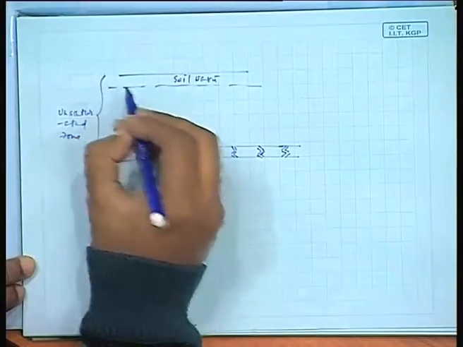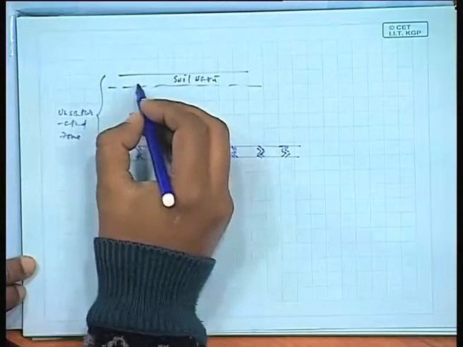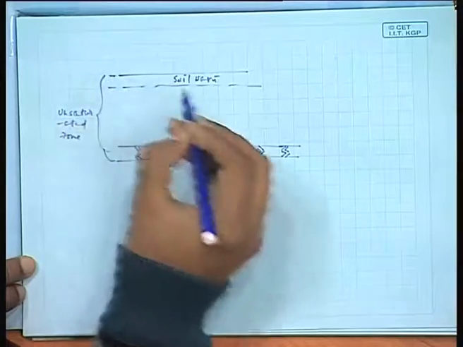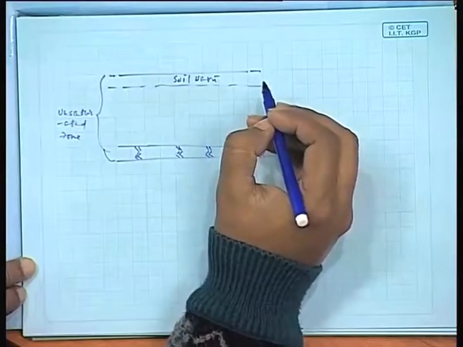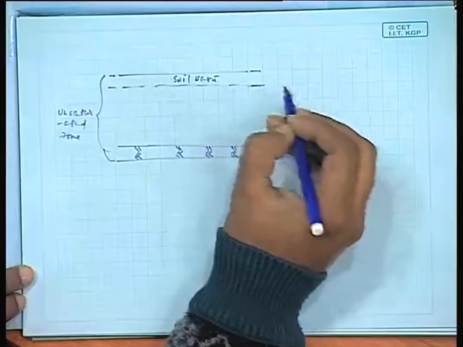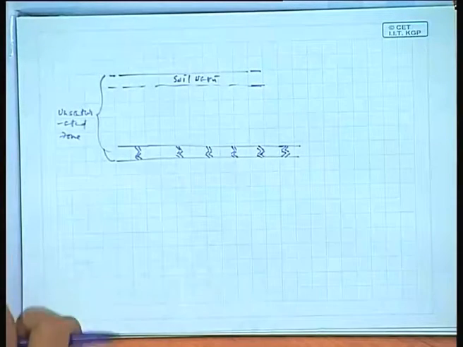What do you mean by soil being unsaturated? That means the soil will have water less than its capacity.